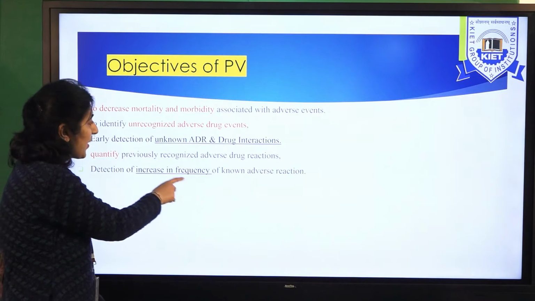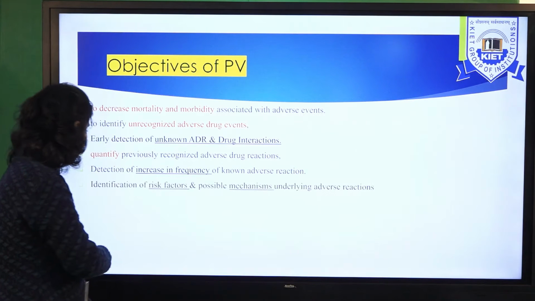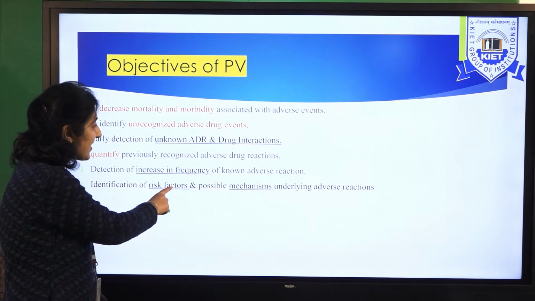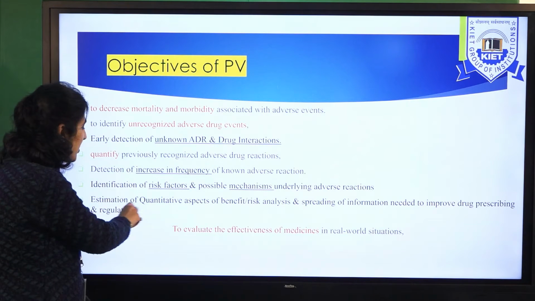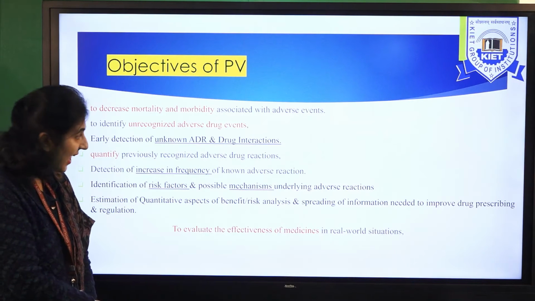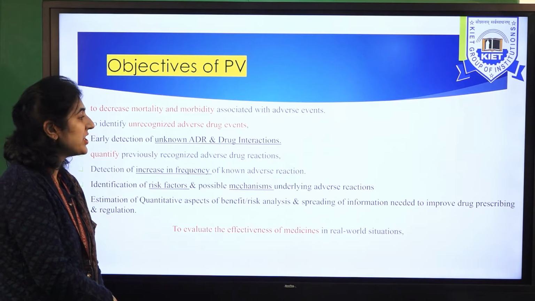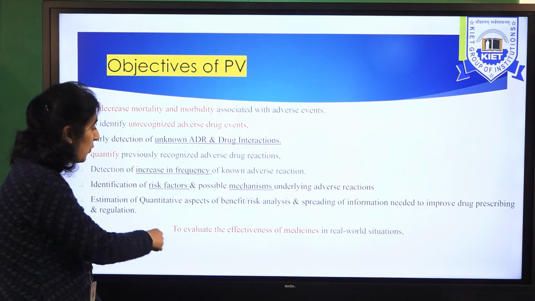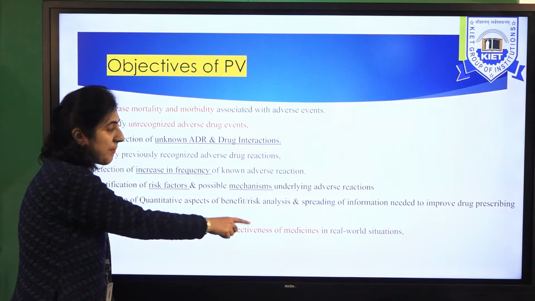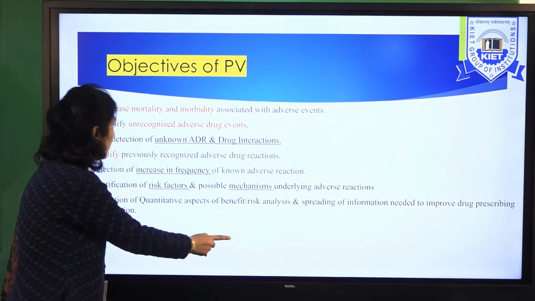Detection of increase in frequency of known adverse reactions. Identification of risk factors and possible mechanisms underlying adverse reactions. Estimation of quantitative aspects of benefit-risk analysis, and spreading of the information needed to improve drug prescribing and regulation. So the major objective is to evaluate the effectiveness of the medicines in real-world situations.